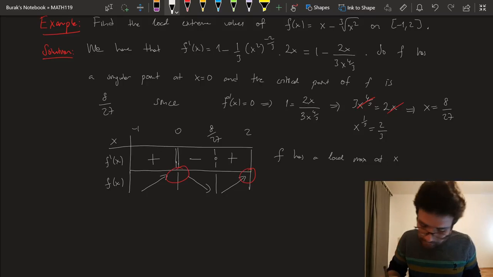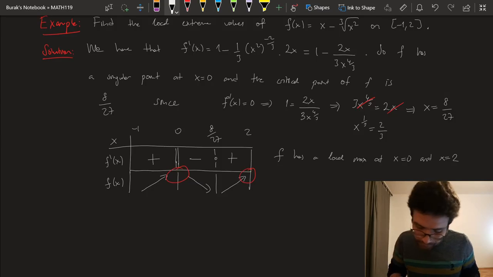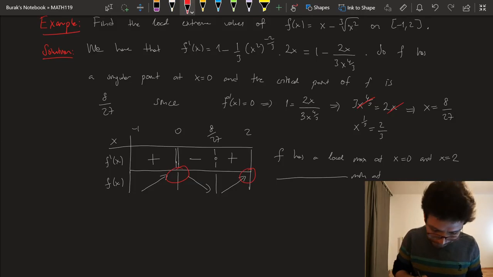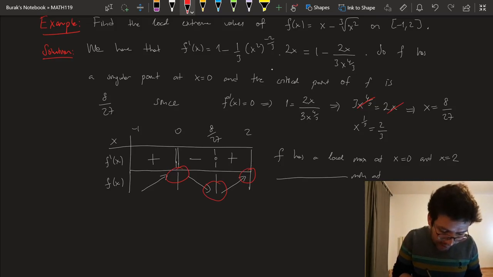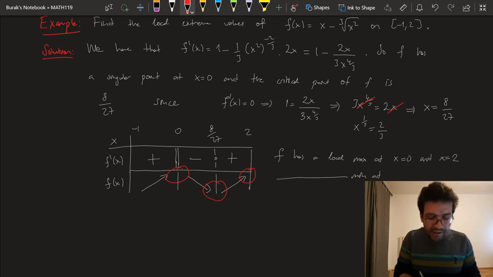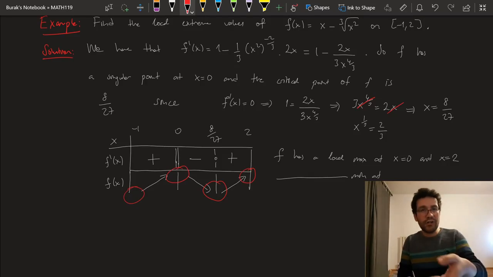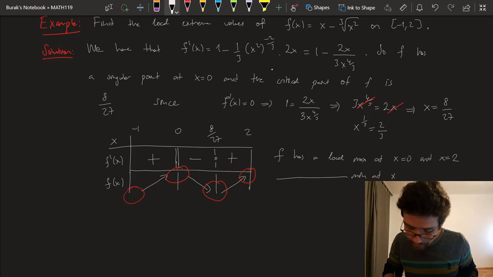Okay, so I have a local maximum at x equals 0 and x equals 2, and f has a local minimum at this point by the first derivative test. And you see, starting from -1, my function starts increasing, which means that this is a local minimum. Okay, you get that this is a local minimum and this is a local maximum by variations of the first derivative test I told you about.